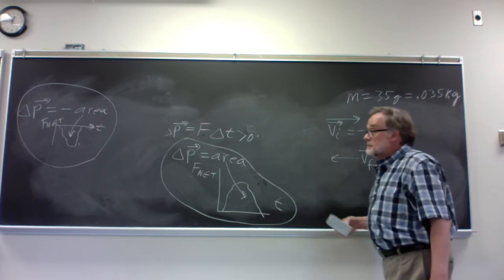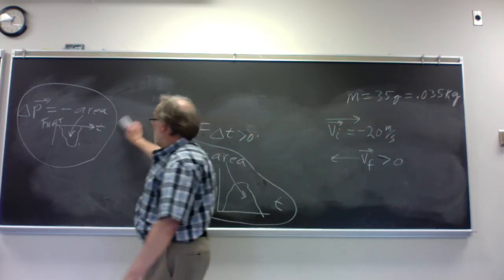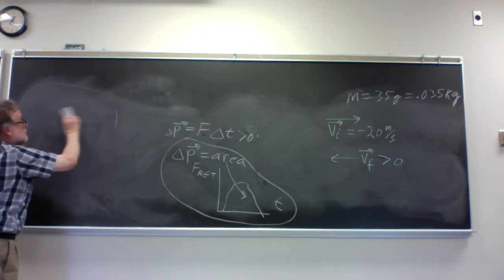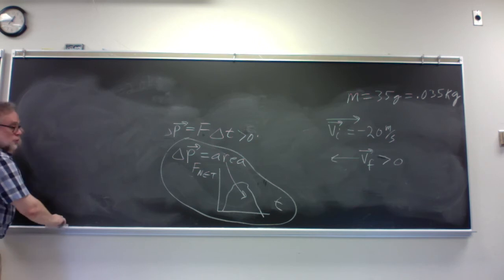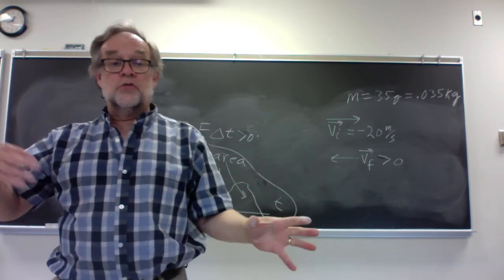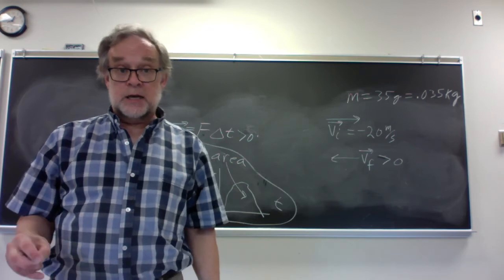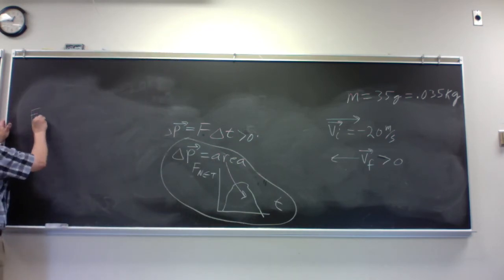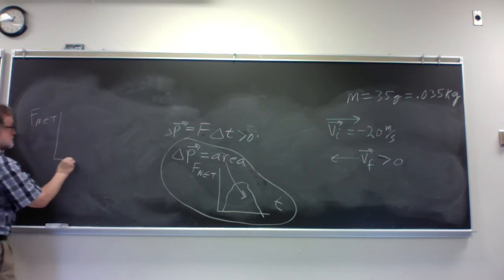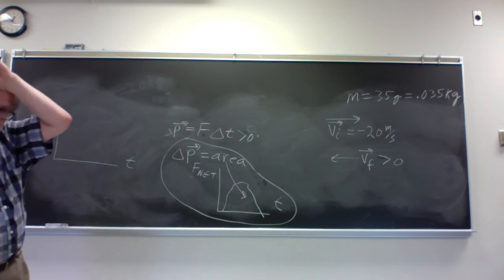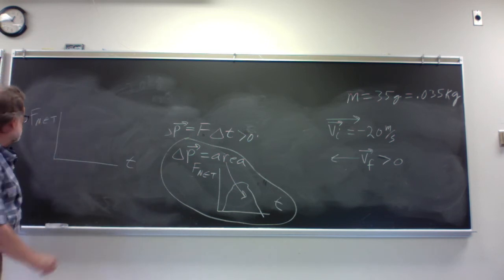And let's say you've got some fancy force sensors on your racket so that you're able to make a graph of net force on the ball versus time. And the force versus time graph turns out to look like this.